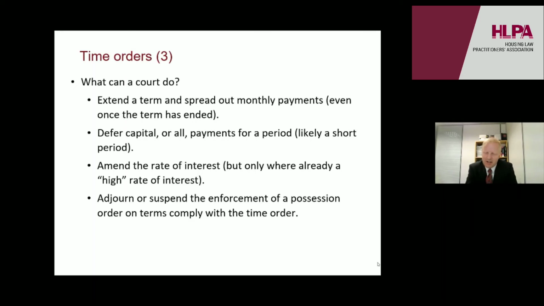And the argument is that if you've already got a high rate of interest to factor in a risk, and the term is being extended and the sum is still going to be paid, there's no reason why the borrower should end up paying more interest if the lender is actually going to get the money that they advanced, because the risk is not there.